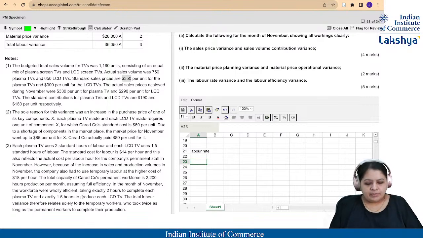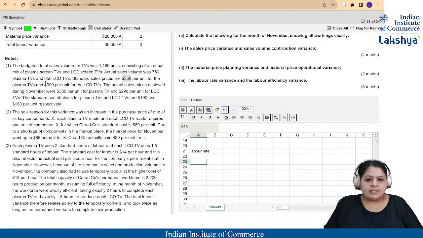The company made 750 plasmas and 650 LCDs. So total labor hours utilized is something that we need to find out, right? The company has a permanent workforce of 2200 hours, so whatever is in excess of that is used by the temporary staff members.